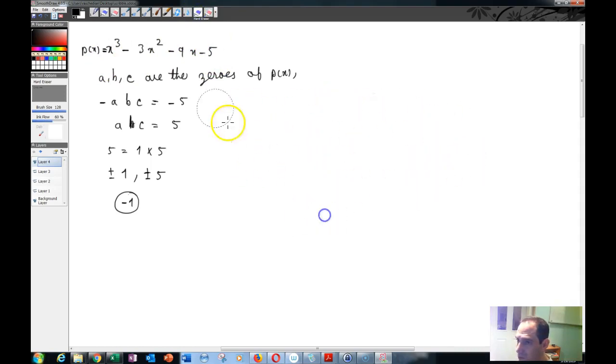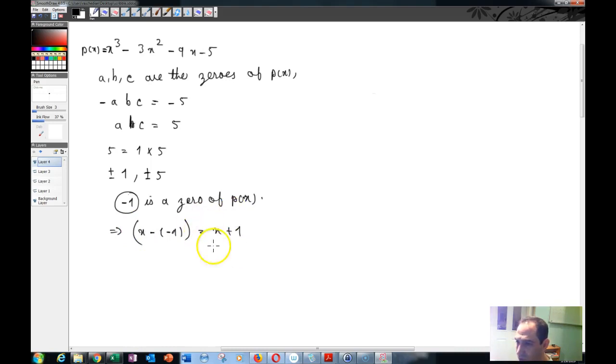So what that means is that if negative 1 is a zero of p of x, then as a result, x minus negative 1, which is the same thing as x plus 1, is a factor of p of x.